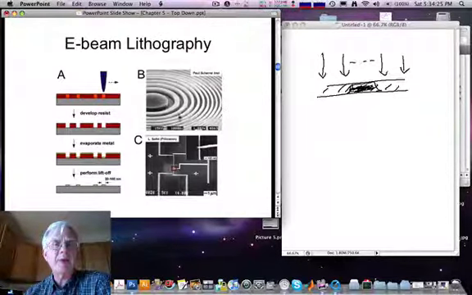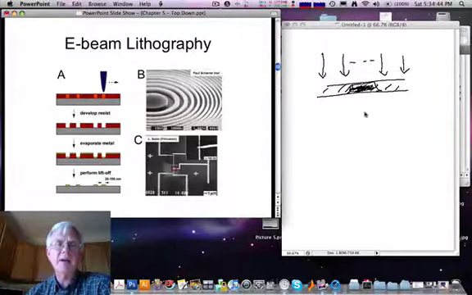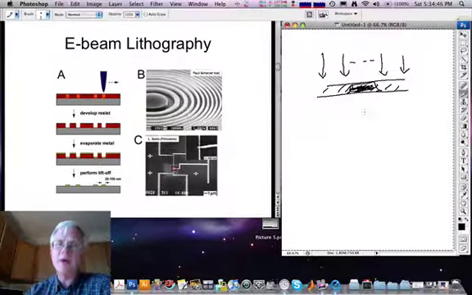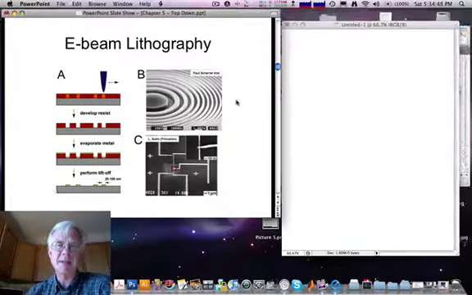It's a series of metal rings on a silicon support for acting as a Fresnel lens for focusing X-rays. This scale bar here is 1 micron, so you can see the features are considerably smaller than 1 micron. The example in panel C is a single electron transistor, a device that we will talk about in Chapter 7.